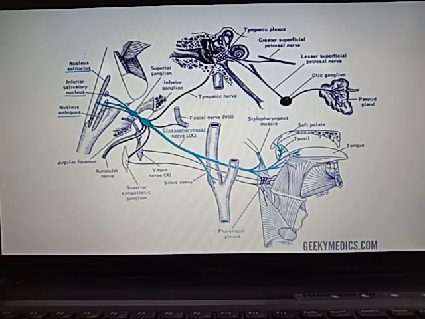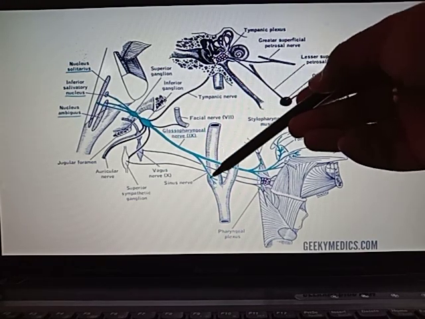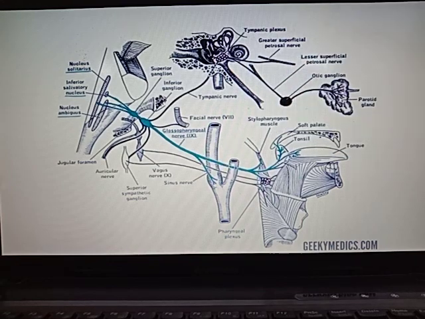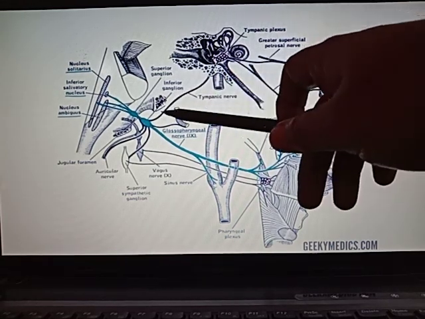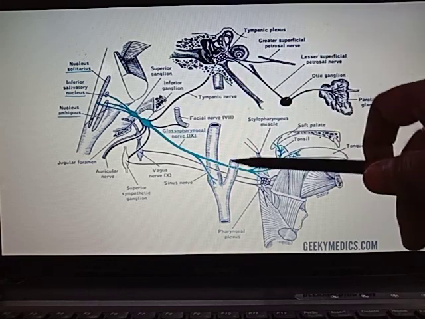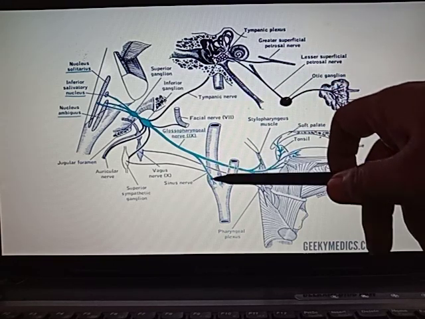Carotid branch, you can find it here. Okay. These are the tympanic branch, and this is the carotid branch.